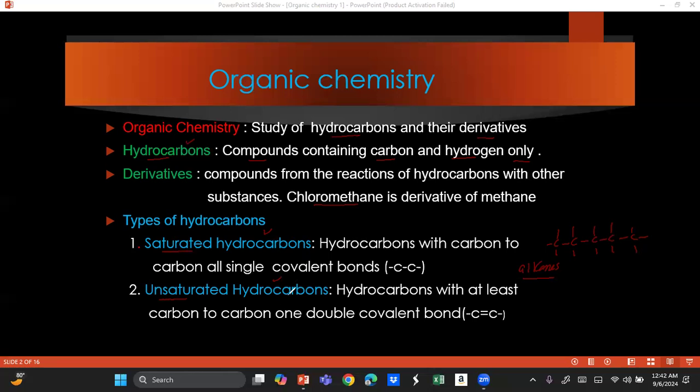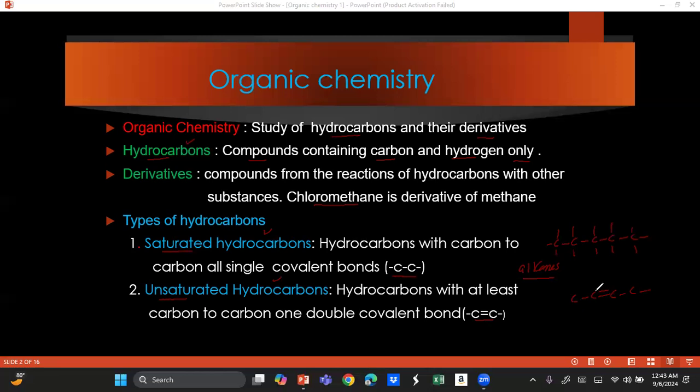Okay, what does unsaturated hydrocarbon mean? Unsaturated hydrocarbons must have at least one carbon to carbon double covalent bond. Just like alkanes, all other bonds can be single, but they must have at least one double covalent bond.